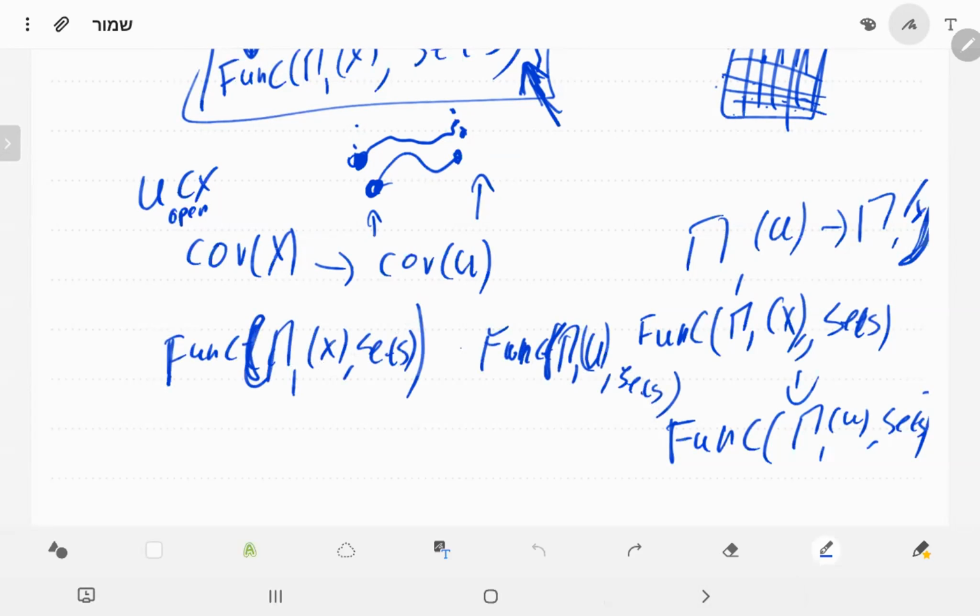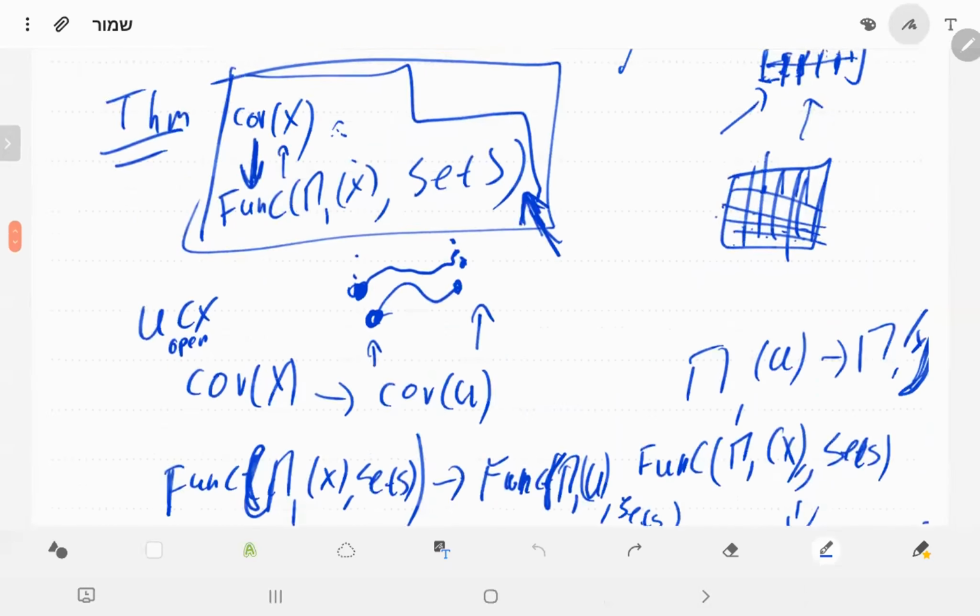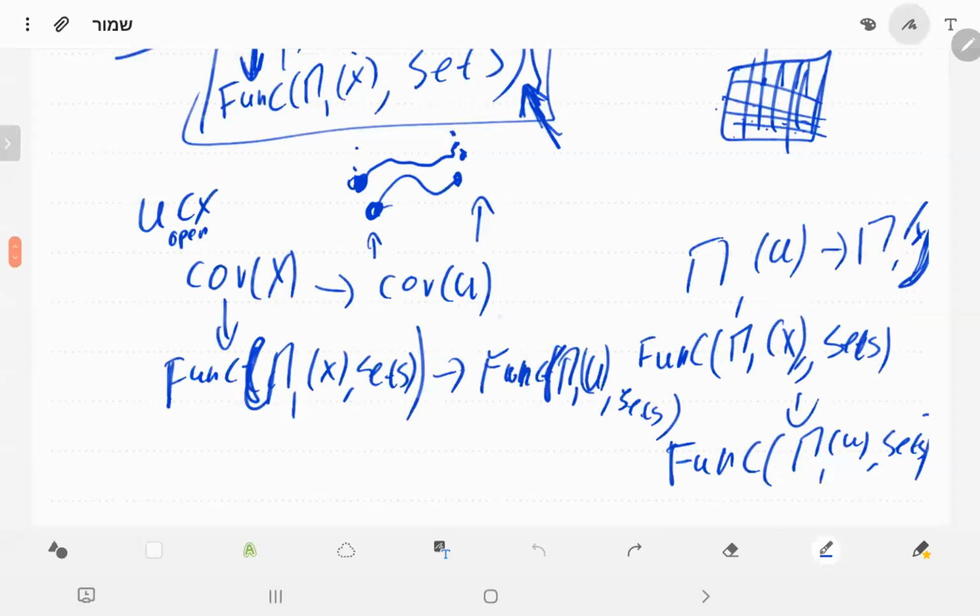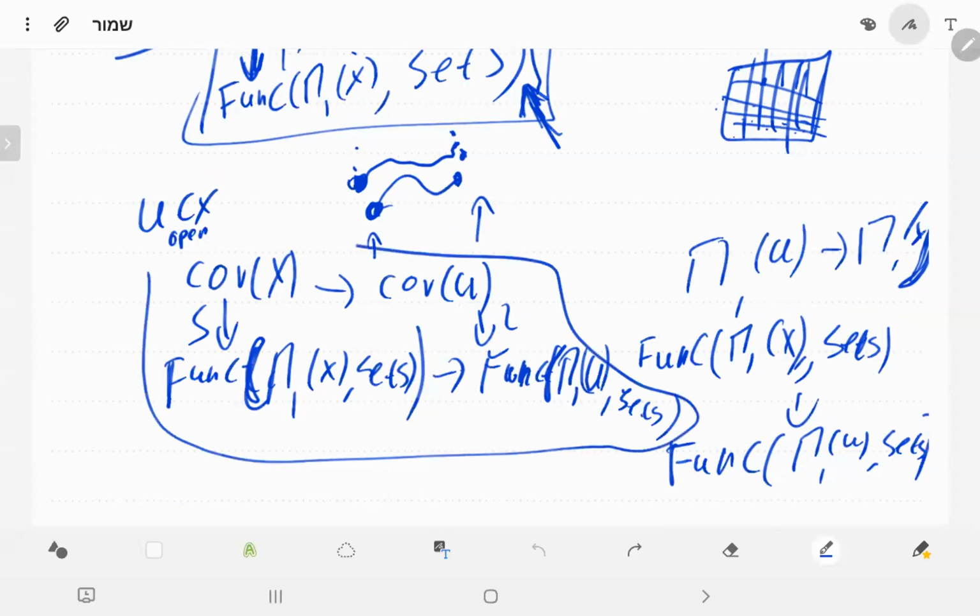So when we said that the theorem gives us vertical arrows, say like this, I want this diagram to be commutative. Frankly, I need to be more careful because it's a diagram of categories, so I need to explain what I mean by a commutative diagram of categories. But in this case it's not so hard.